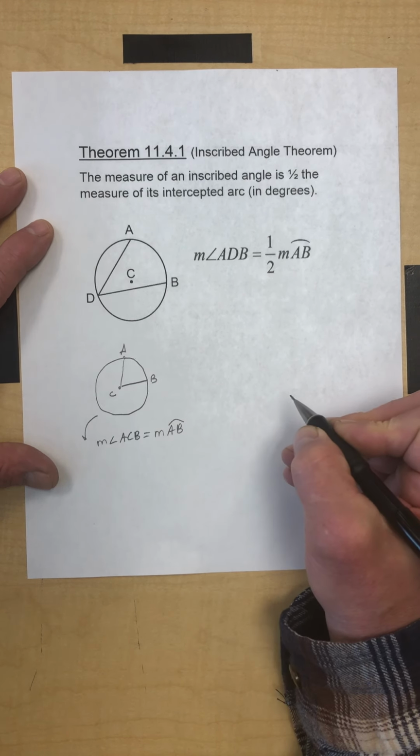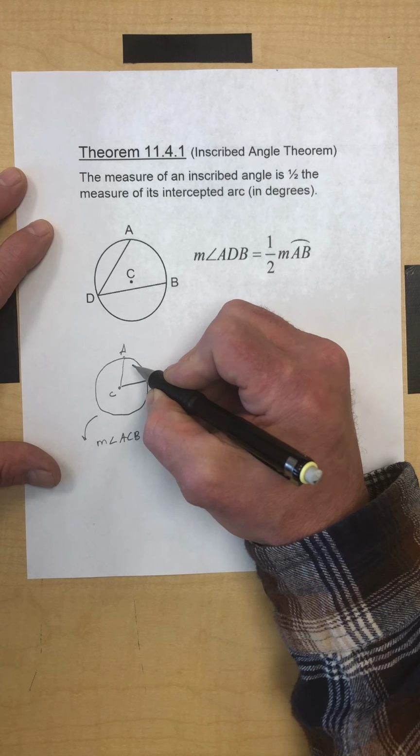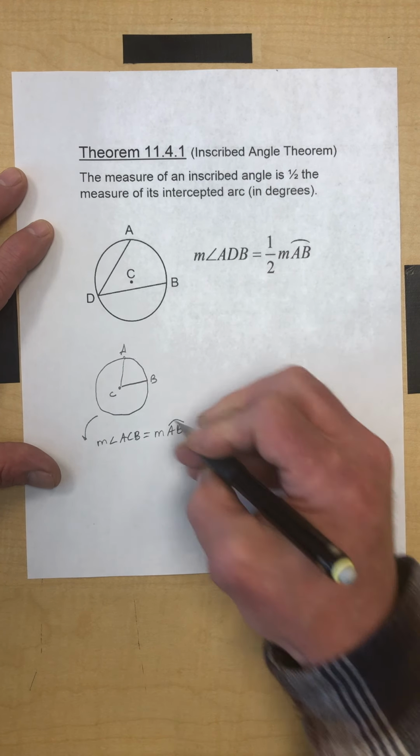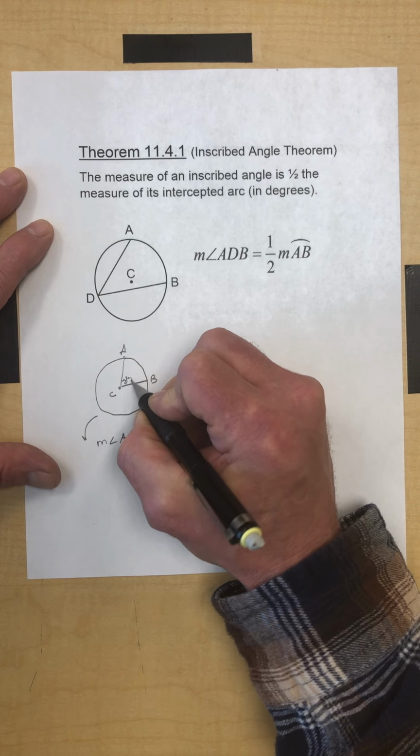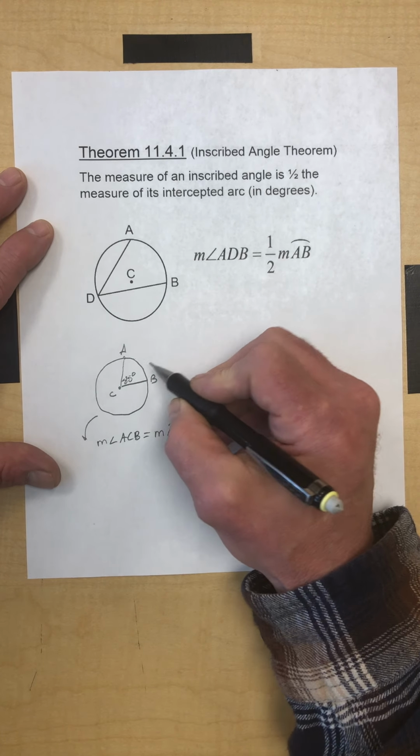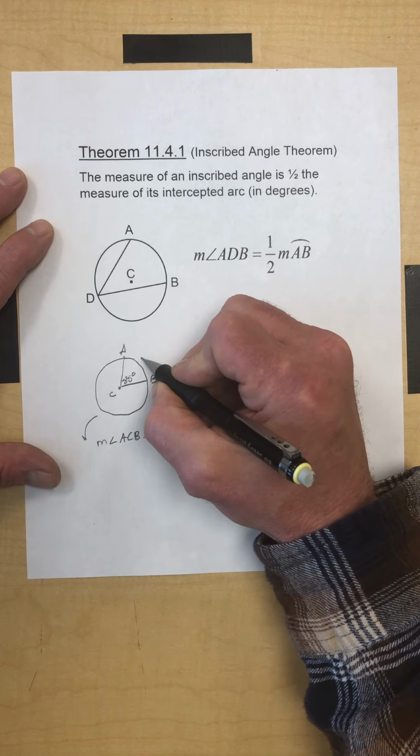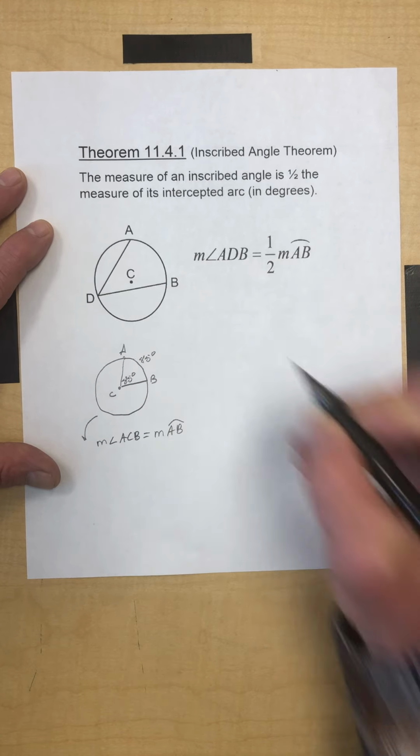For instance, if the measure of the central angle ACB was, say, 85 degrees, then the measure of the intercepted arc would be 85 degrees.